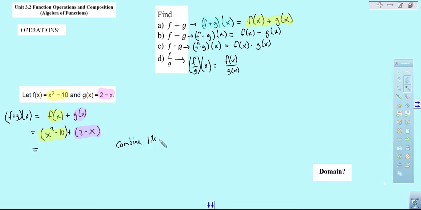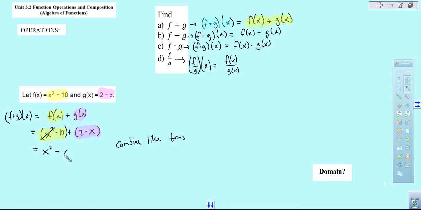Combine like terms. So I go through here and I say, I've got an x squared. Are there any other x squareds? Nope. Cross them off. I've got a negative x. Are there any other x's?